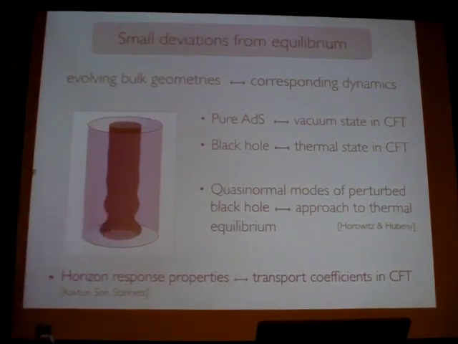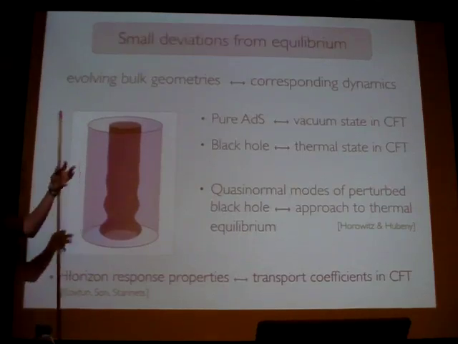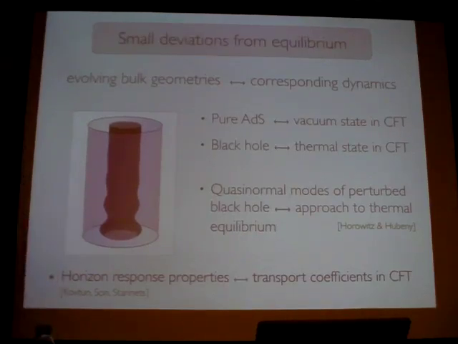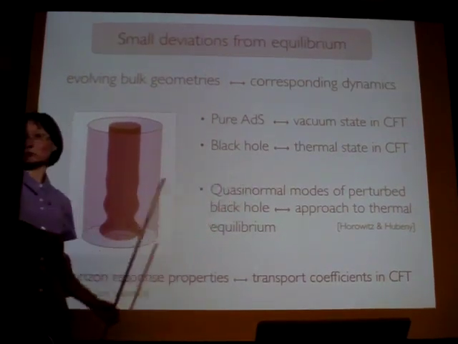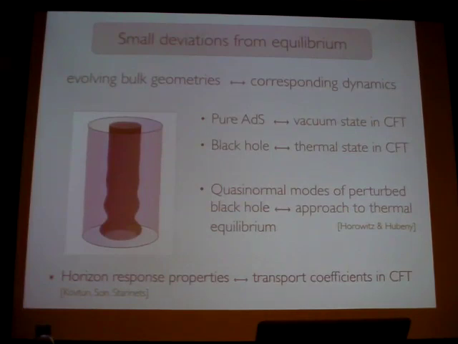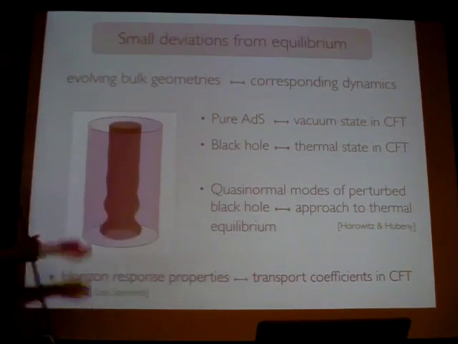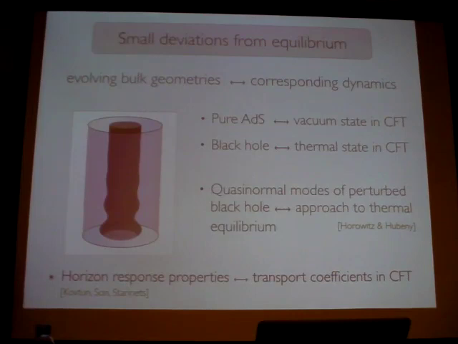If you kick the black hole a little bit, it will ring and settle back down to its equilibrium by these so-called quasi-normal modes, which are characteristic time scales and frequencies independent of what was the initial perturbation. And so we calculated these quasi-normal modes and predicted the timescale for the approach to thermal equilibrium.